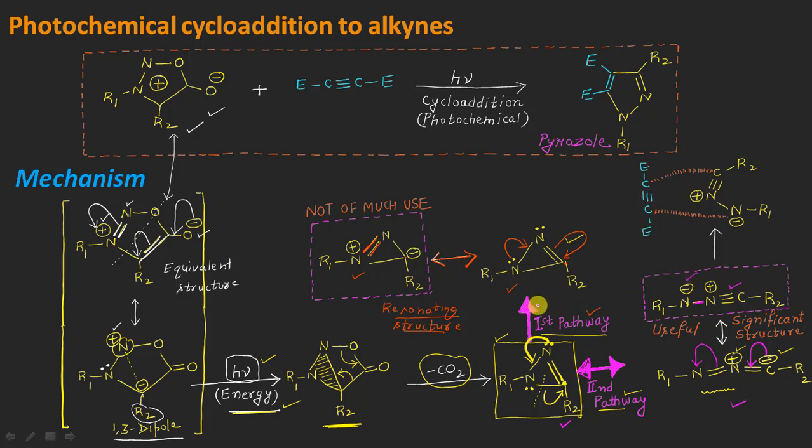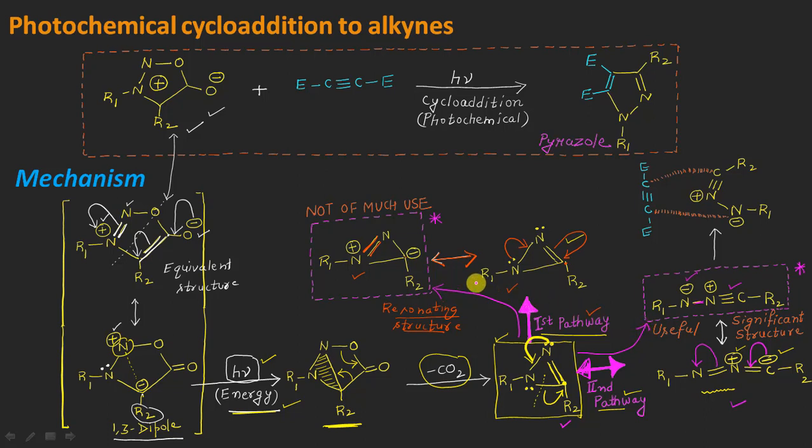So now finally, if we try to compare this resonating structure with this resonating structure, which are actually the products of two different pathways. From this first pathway, we are getting this structure. From the second pathway, we are getting this structure here, right?